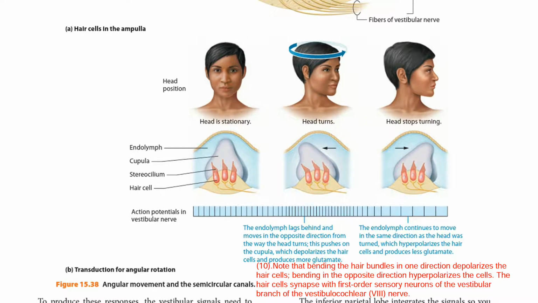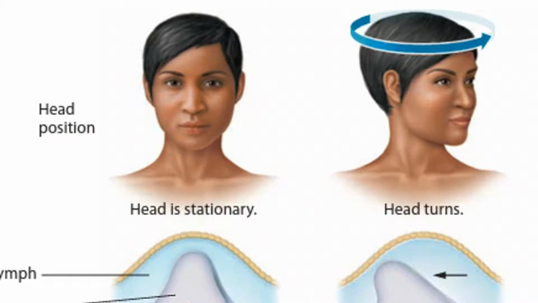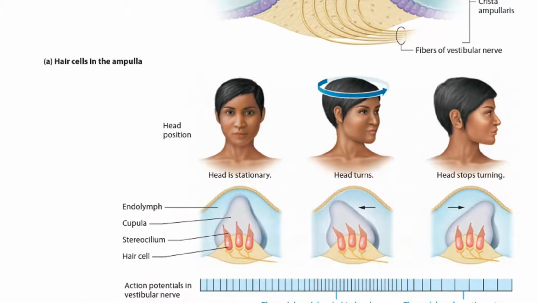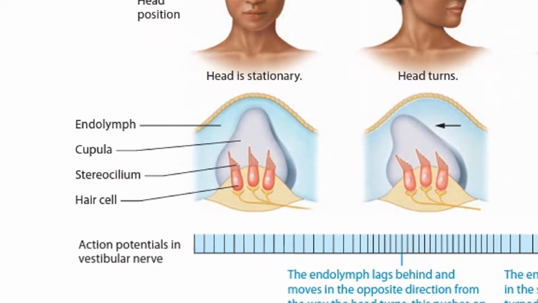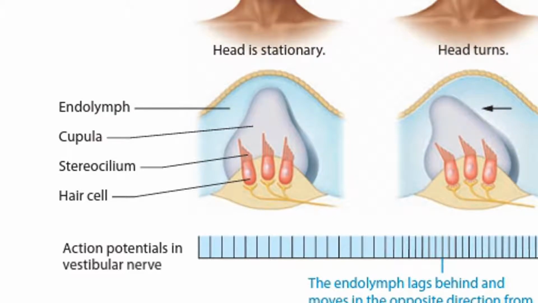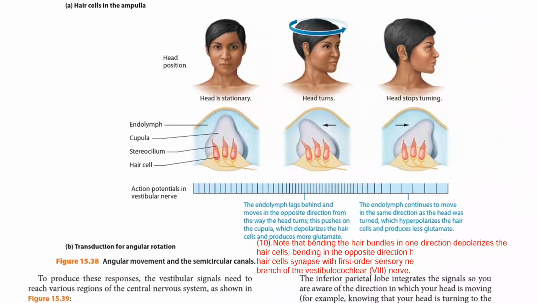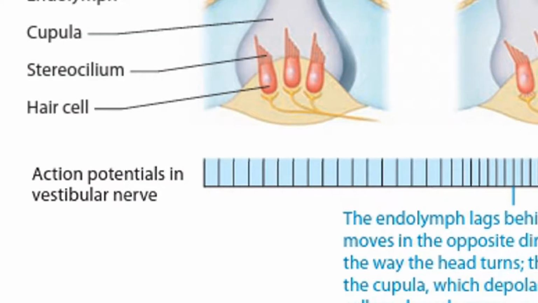Now in this figure you can see the girl's head is stationary. So when the girl's head is stationary, you see the endolymph, the position of the cupula, the stereocilium, and the hair cell position. And here they are showing action potentials.